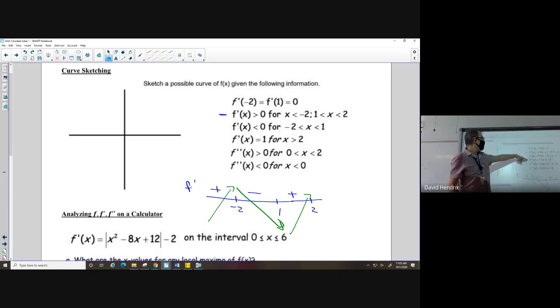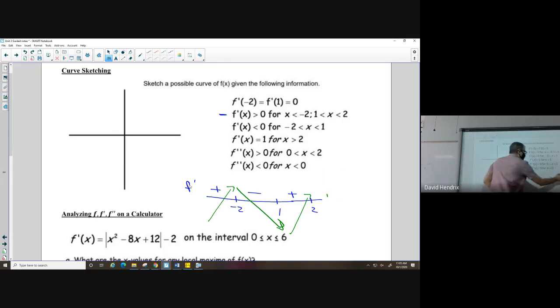And then it tells us f prime equals 1. Not the way I want this question to be. All right, that's fine then. It's going to equal 1 for x greater than 2, so it's going to end up being 1 over here.